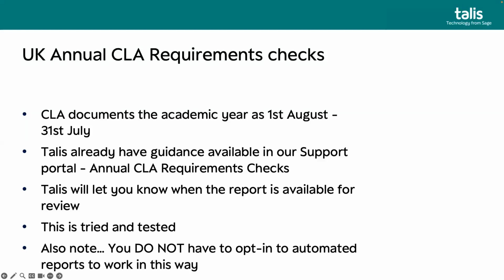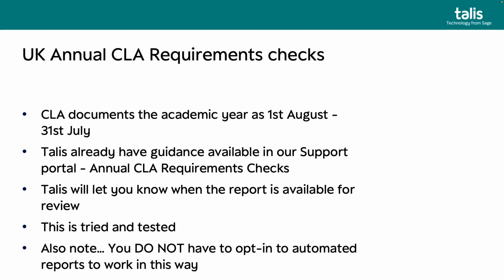But again, we will do comms around this closer to the time, and there are support articles available on our website. It's also mentioned on that slide, it doesn't matter if you're an organization that auto reports your scans or doesn't auto report your scans, we still have to run this process for you in August each year. Does that mean we should roll over scans before the start of August?